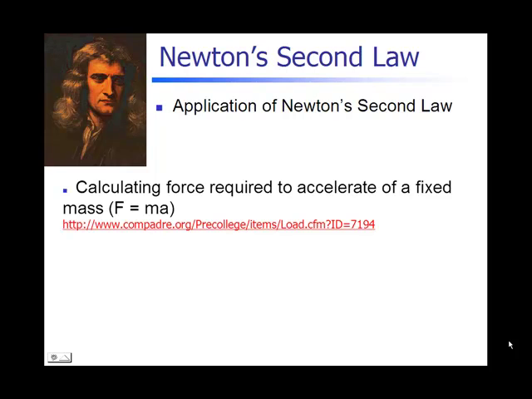We have said before that force is the rate of change of momentum, and if you compute that further, force equals mass times acceleration. Once you have this equation, if you want to accelerate a body by a certain value and the mass is fixed, you can just use this equation and compute how much force you need to get that particular acceleration.